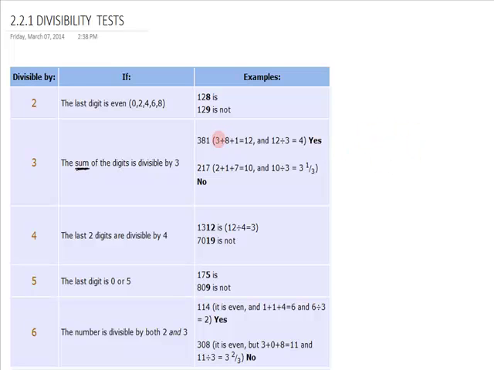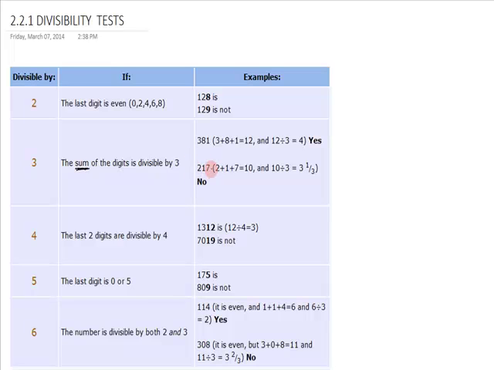Add up 3, 8, and 1. 3 and 8 is 11, plus 1 is 12. Well, that's still 2 digits, but that would be enough. Is 12 divisible by 3? And we all know yes. 3 goes in there 4 times. Because 12 is divisible by 3, the original number is divisible by 3. That sounds weird, but it really works.